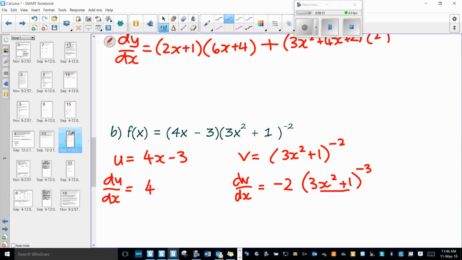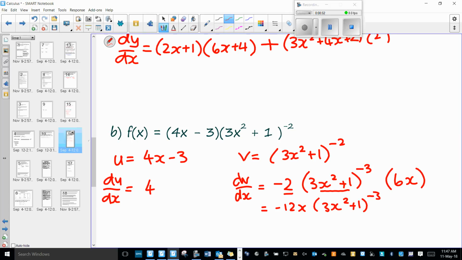Yeah? So in here we've got 6x. Okay, so I would actually probably join here my -2 and my 6x. So I've got -12x, 3x squared plus 1 to the power -3.